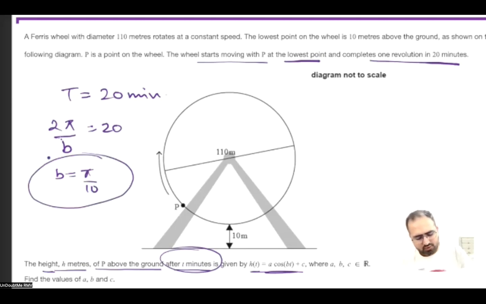B is pi by 10, then what about A and C values? So A is the amplitude, isn't it? I put max minus min over 2. Okay, how much did you get? In this case, the maximum would be 110, right?